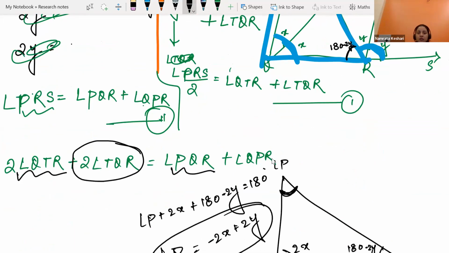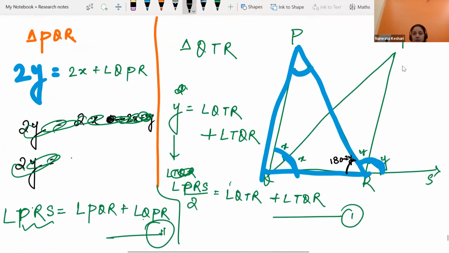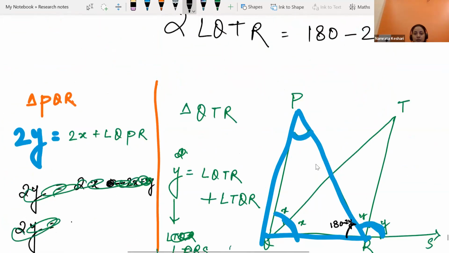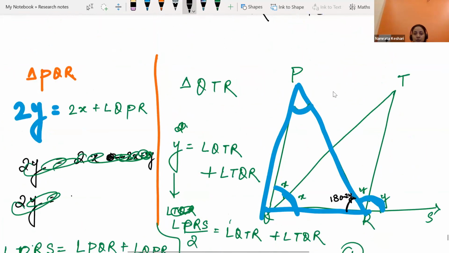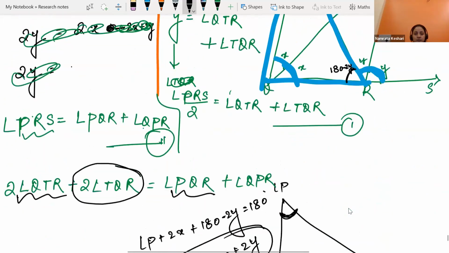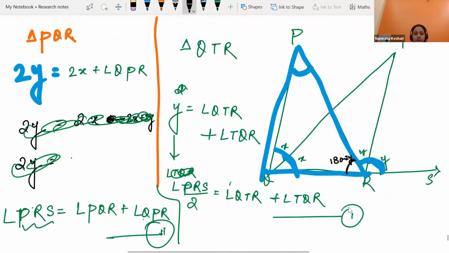Now, what about this angle TQR and QPR? Any other information is not given, right?